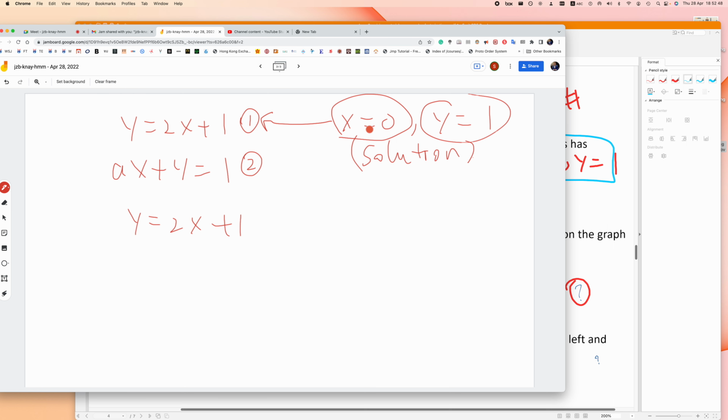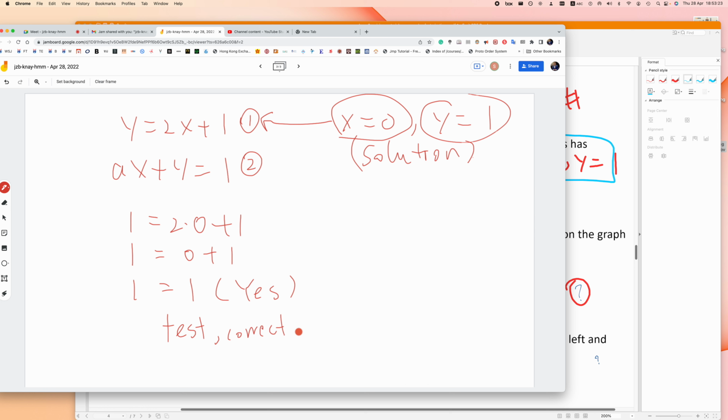In this case, my x equal to 0, so I replace my x with 0. And then I replace my y with 1. So 1 is equal to 0 plus 1. So 1 is equal to 1. So is 1 equals to 1? Yes. Okay, so that's how you test. Correct.